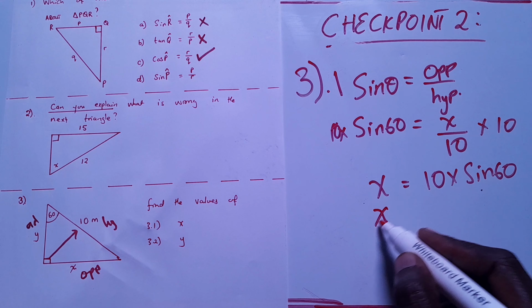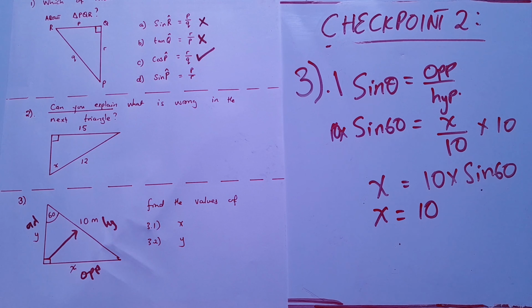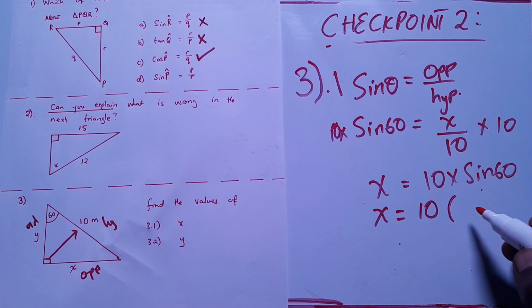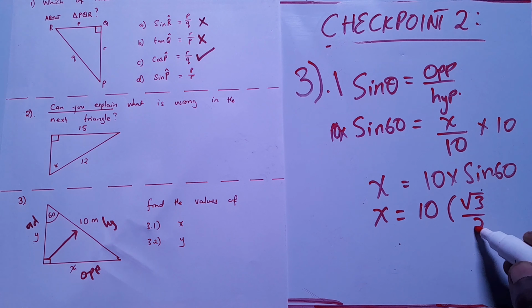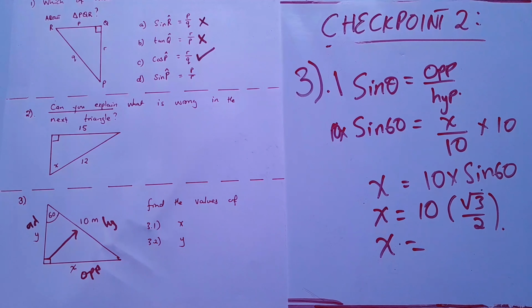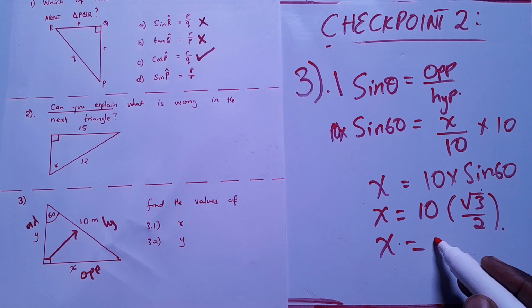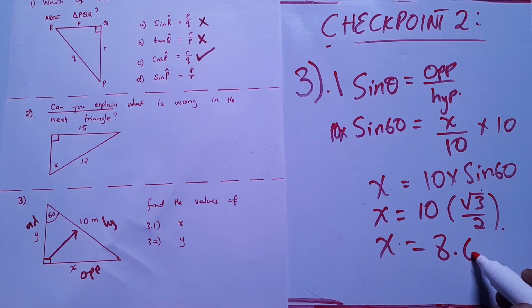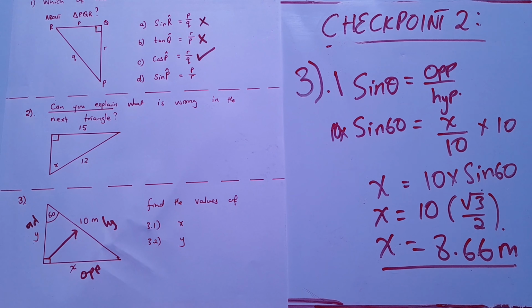When you punch that, we find square root of 3 over 2. And when you multiply that by 10, we find 8.66 meters. So our value of x is 8.66 meters.